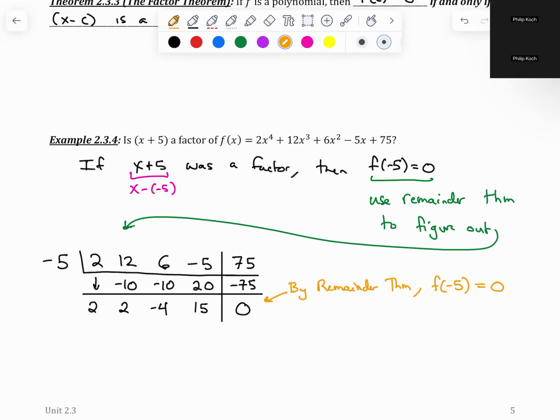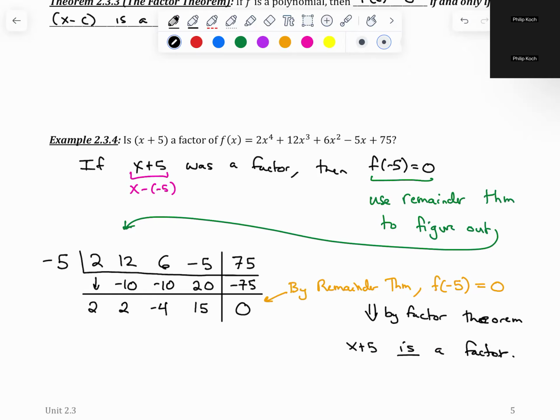So because it does equal 0, by the factor theorem, x plus 5 is a factor. Let's write that down. And as I said, we could have just plugged in f of -5 to see if it worked.